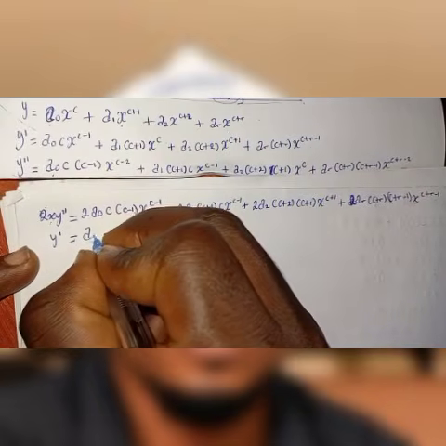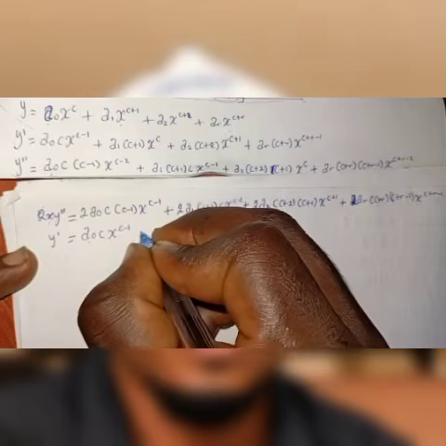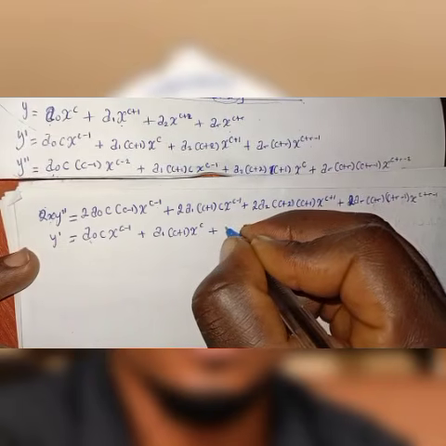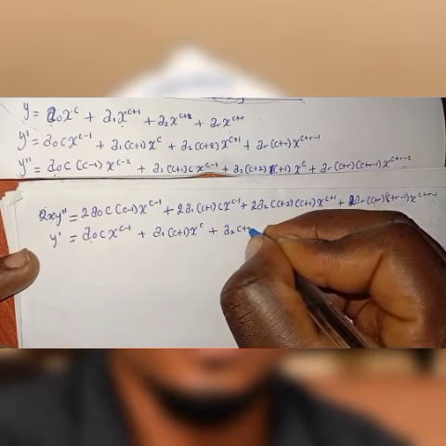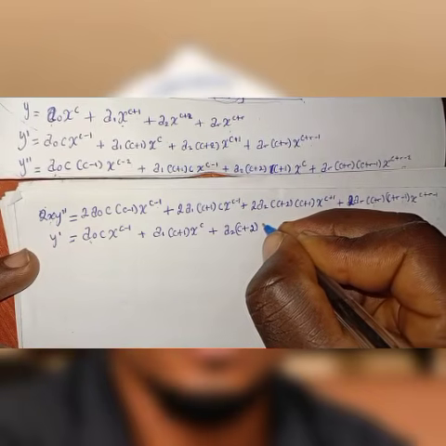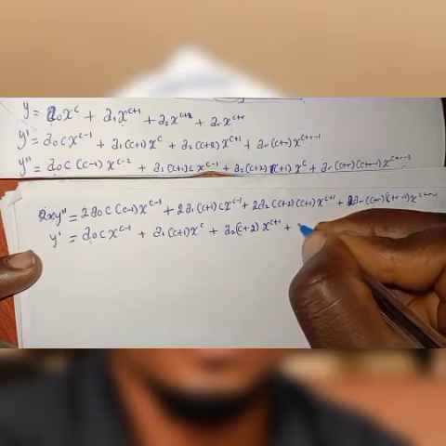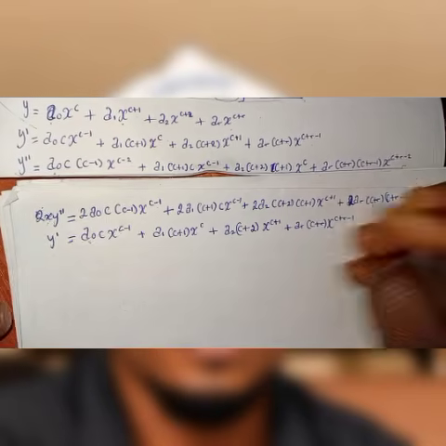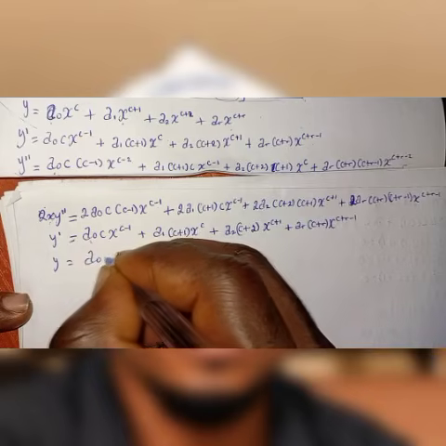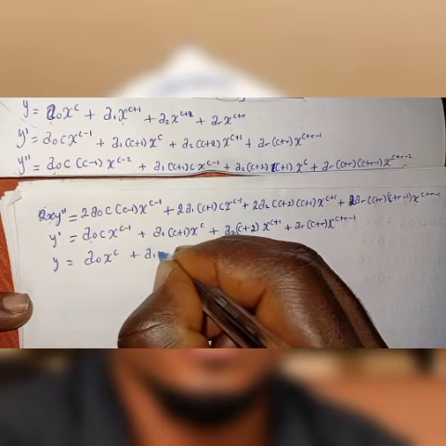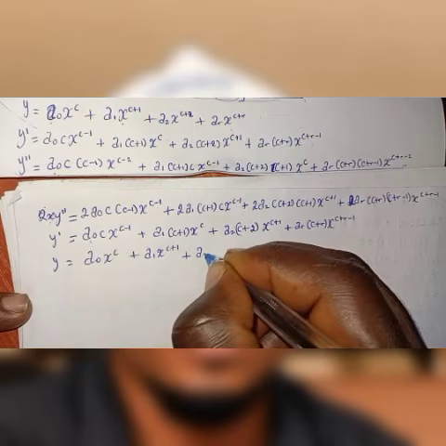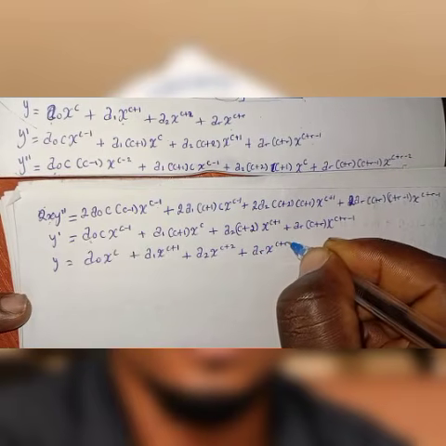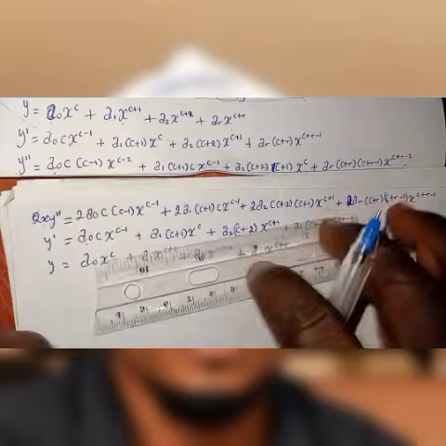So we're going to have a naught c x raised to power c minus 1 plus a1 c plus 1 x raised to power c plus a2 c plus 2 x raised to power c plus 1 plus ar c plus 1 minus 1. Now we are done with this step.